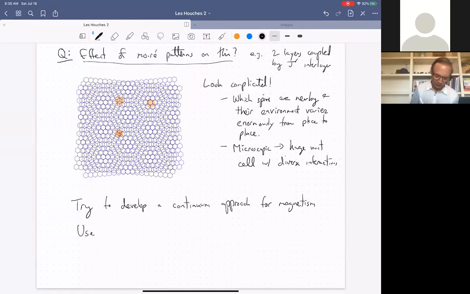So what we use really is two facts. One is that layers are weakly coupled relative to one another.